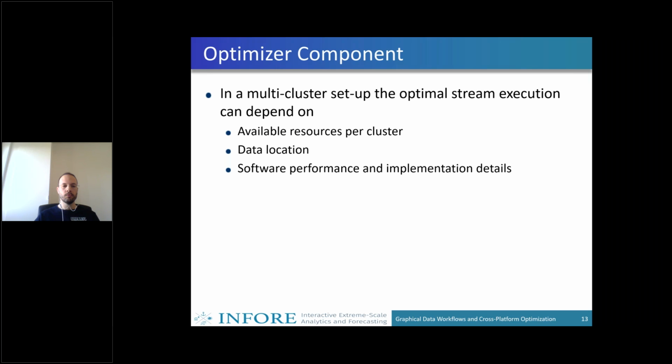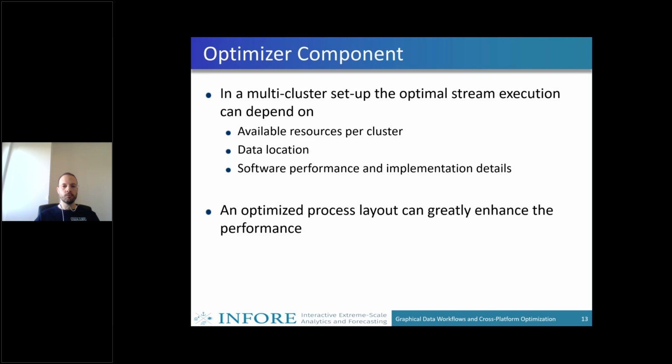It's probably not as feasible. And of course, there are always software performances and implementation details. Some operations might run faster on different backends, or specific operations might only be available on different backends. So overall, an optimized process layout and the optimal backend exchange between different clusters can greatly enhance the performance of such a workflow. And how can we do this?